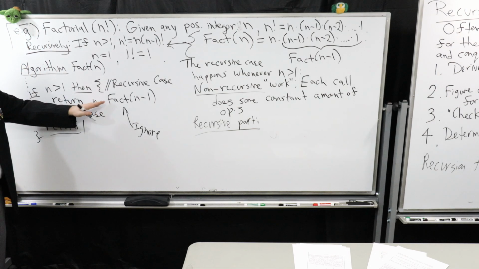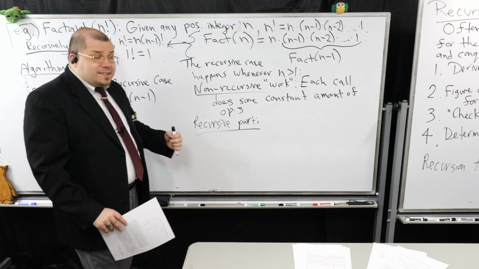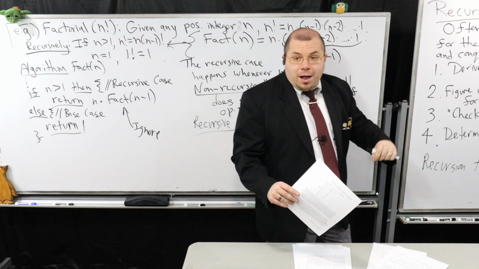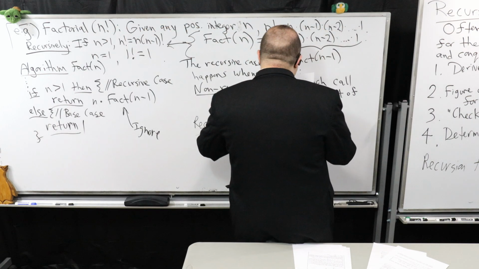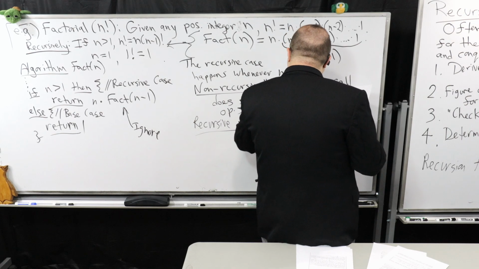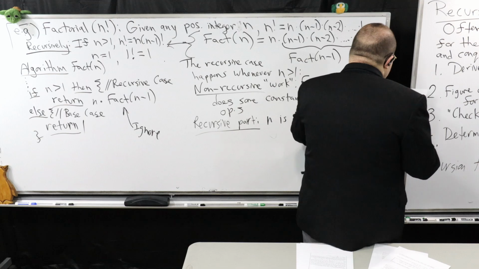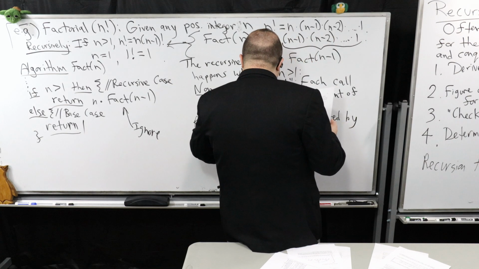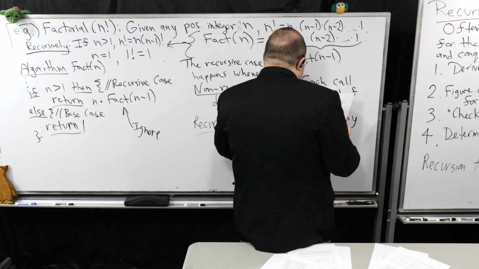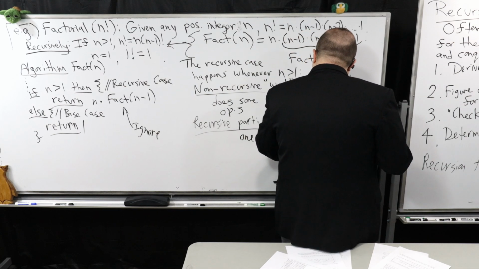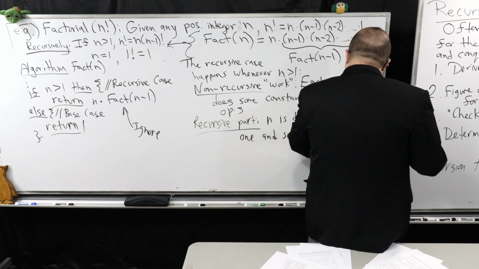It happens right here. But it always is that n is decremented by 1 and solved for a subproblem, right?